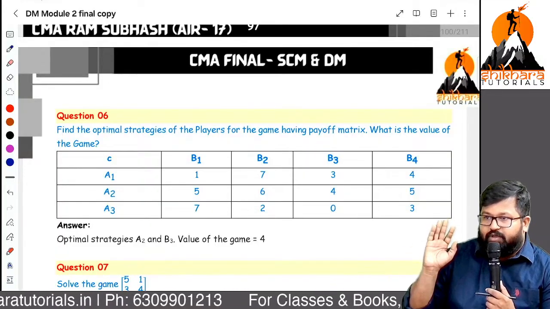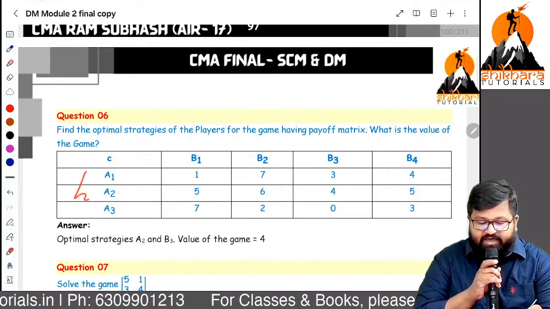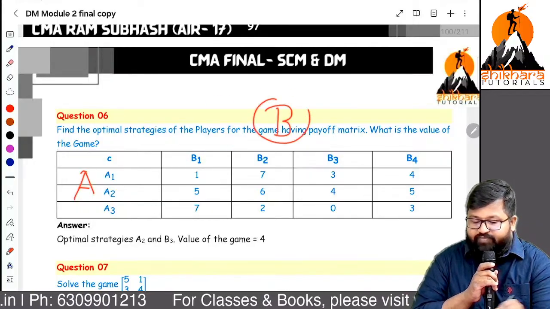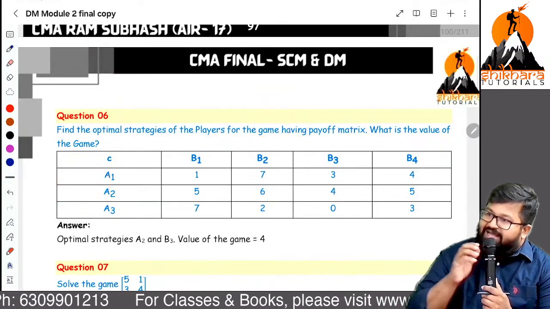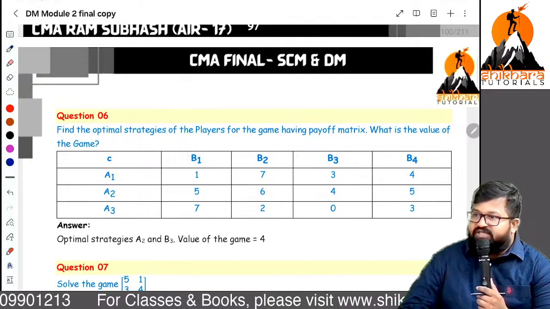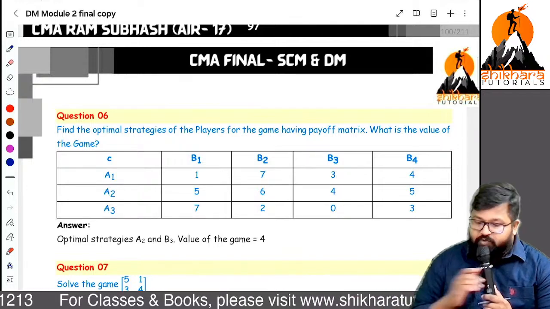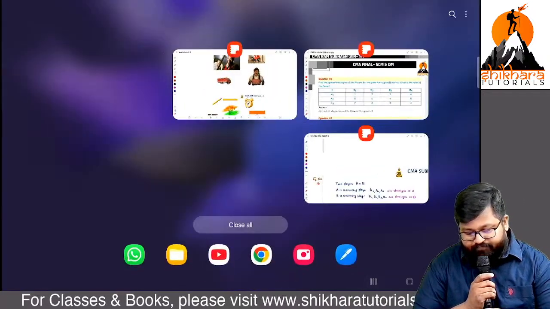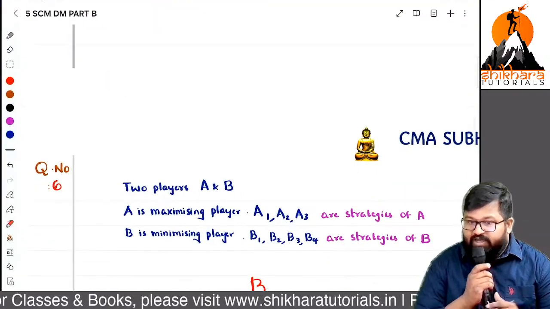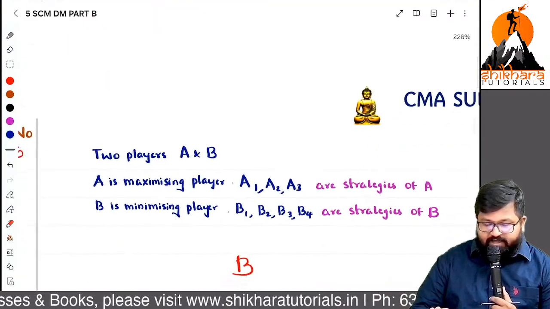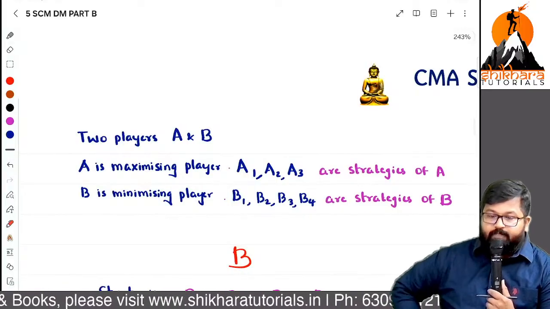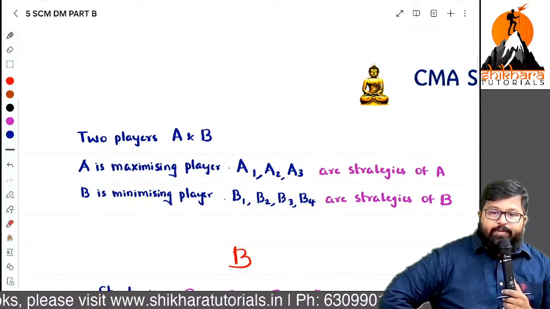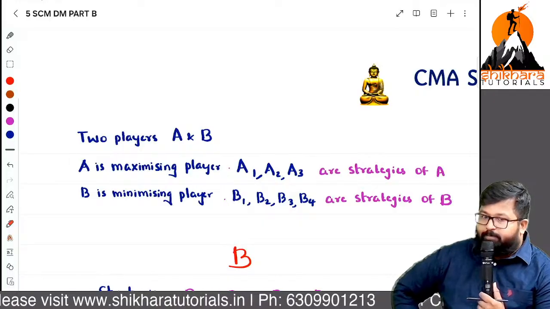If you have 2 players, the players are player A and player B. Is it given in the question? As it is not given, we start with a sentence. Let us assume that there are 2 players, player A and player B.